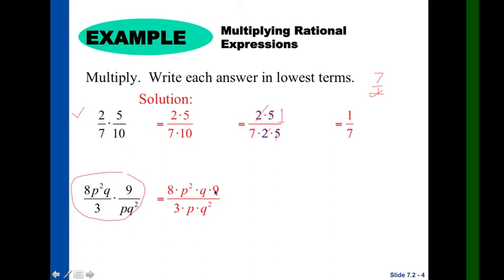Then after that, we factor them out. The 8, then p squared, meaning two p's, and q. The 9 also has factors, that is 3 times 3. The 8 can also be 4 times 2, or 2 times 2 times 2. It's up to you how you do it. Over 3p and then two q's.